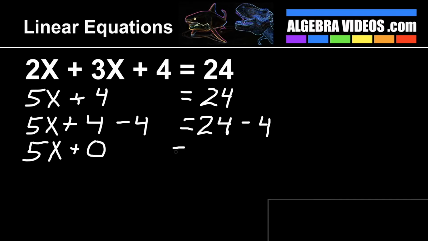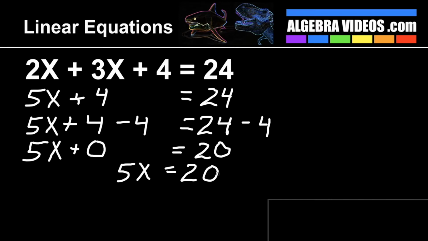And then on the right side, that equals 24 minus 4, and that is 20, right? 24 minus 4 is 20. So 5x plus 0 is the same as 5x, and that equals 20.